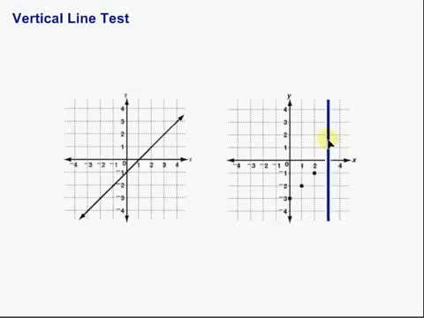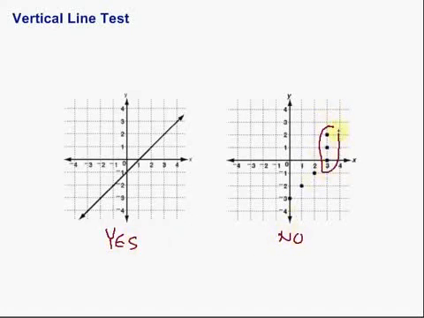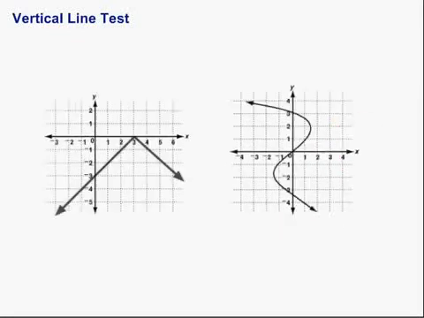This graph fails the vertical line test because it's touching more than once, so this one is not a function. So again, this first one is a function because it passes the vertical line test. It touches at most once. And the second one is not a function because it fails the vertical line test right here.